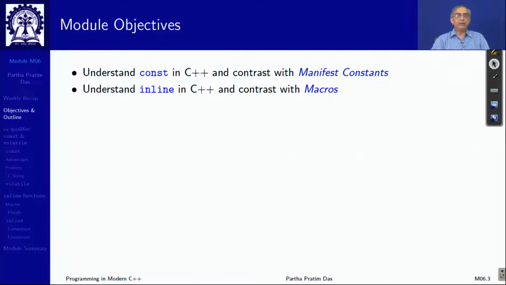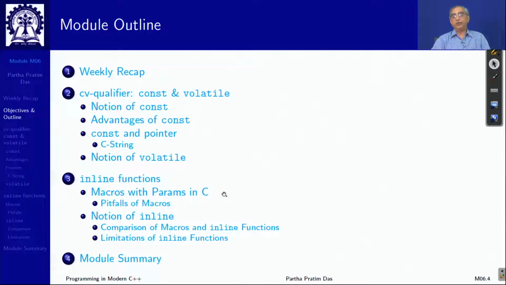That is, these concepts were there in C, but C++ has found better ways of expressing them or handling them, so that it gets easier to use as well as better in the quality that you get. So, today in this module we are discussing const-ness and inline functions, which are in contrast to 2 forms of macros that you had in C.